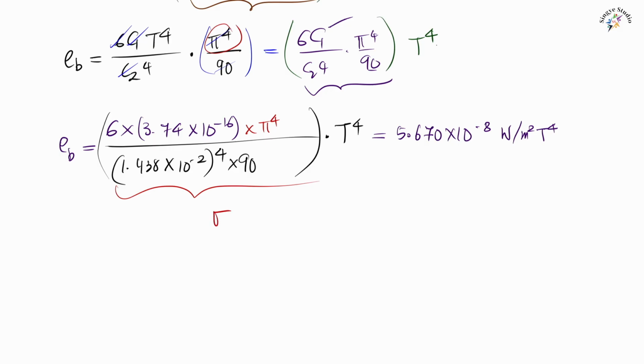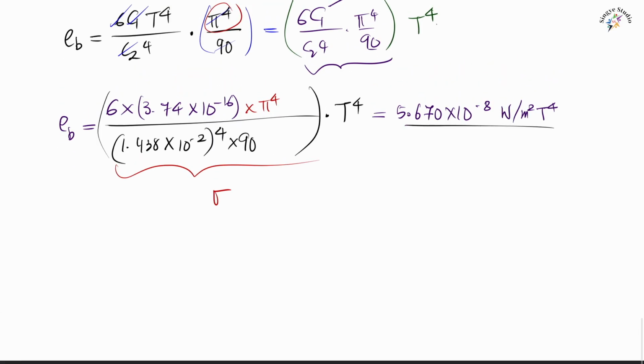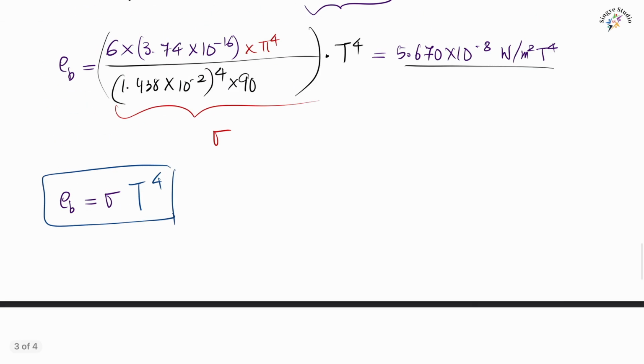And then if you denote this like this and it has this value, then our equation finally becomes E_b equals sigma times absolute temperature raised to 4. So this is the expression for the emissive power, the total hemispherical emissive power of a black body. So this law is called the Stefan-Boltzmann Law.